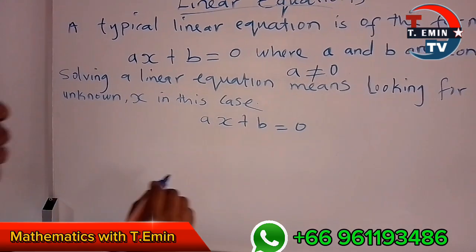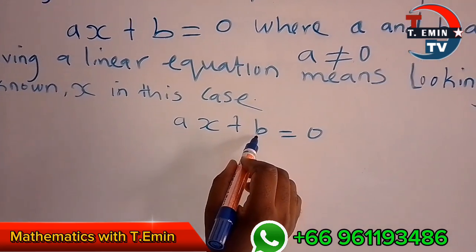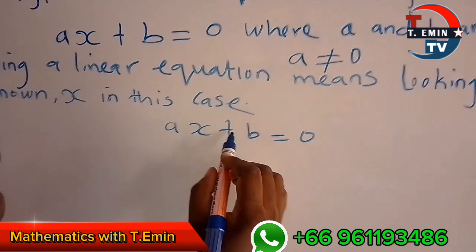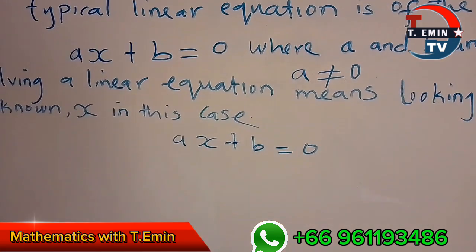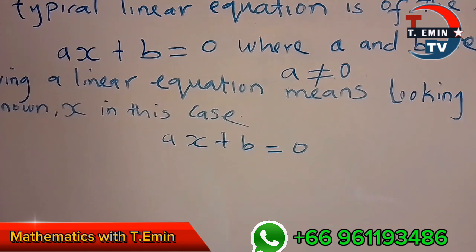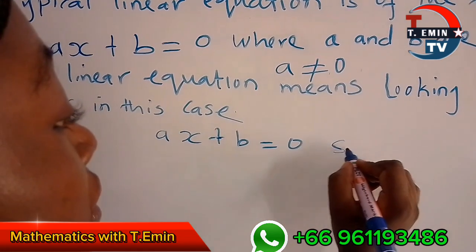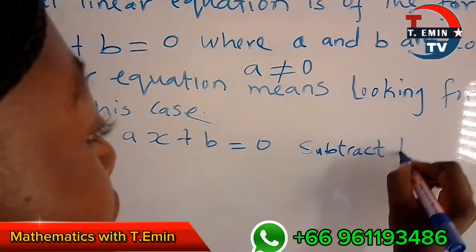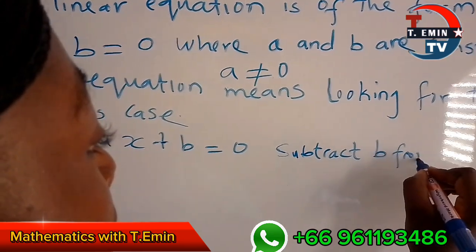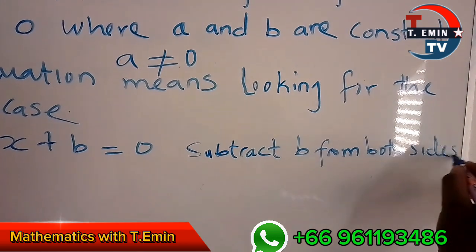What we do is we take b away from both sides. Since here b is positive, we're going to subtract b from both sides. So let me write here, subtract b from both sides.